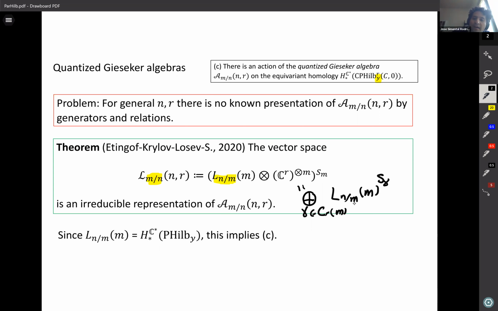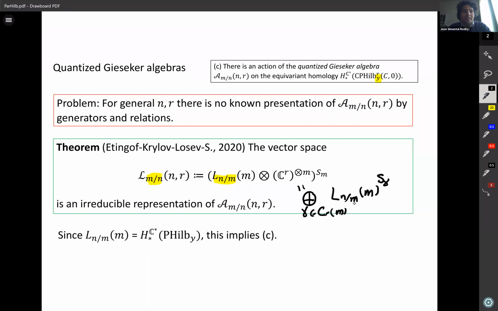And each one of these parts is precisely the compositional parabolic Hilbert scheme where I fix this composition gamma.